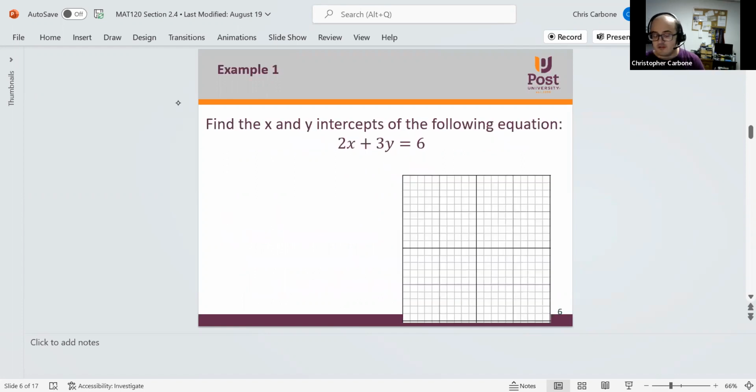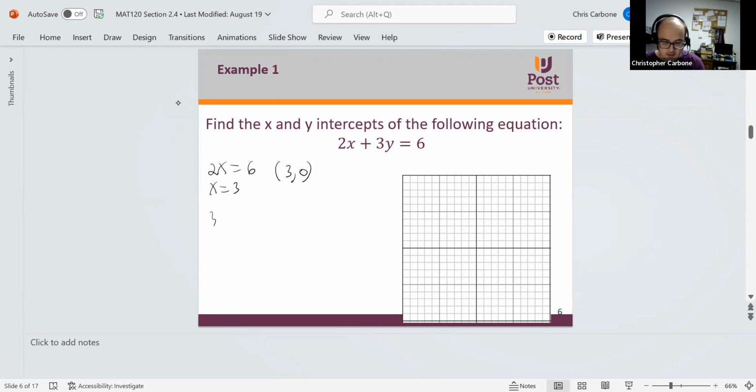So for example, 2x plus 3y is equal to 6. To find the x-intercept first, that would be 2x is equal to 6. So x would be 3 when we divide by 2. So the x-intercept would be at (3, 0).